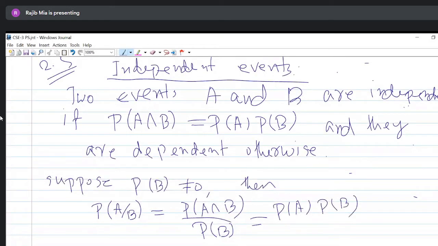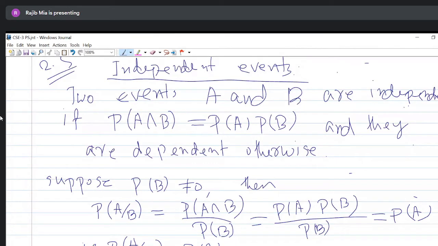So you can write probability of A intersection B equals probability of A into probability of B, divided by probability of B. So this equals probability of A. That is, probability of A given B equals probability of A. So if A and B are independent, then probability of A given B equals probability of A. That is, the probability of event A does not depend on the occurrence or non-occurrence of event B. So this is the independence of the two events A and B.